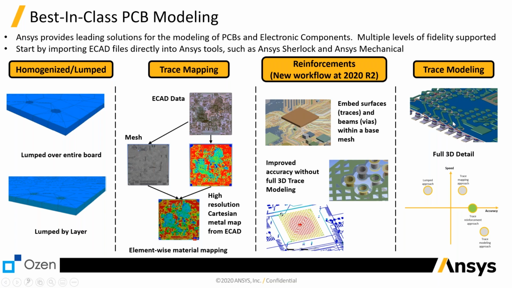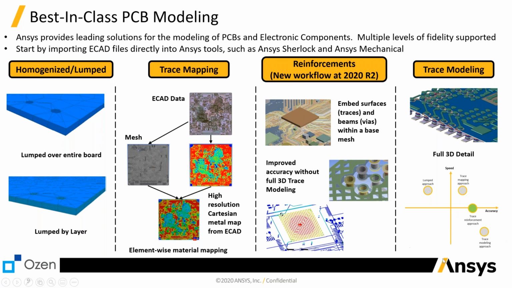And then we have trace modeling. With trace modeling, we are bringing the full three-dimensional detailed geometry of a PCB, and we are modeling it. As you can imagine, this is going to model every single trace, every single layer. So it is going to have a lot of nodes, a lot of elements.